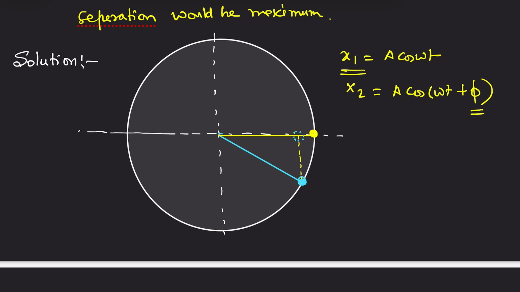Suppose at some moment, let's say at some time t, this is your particle 1, for x1, and let's say right now it is here, guys. So the blue one will be a little ahead. I'm going to make it with the blue only.